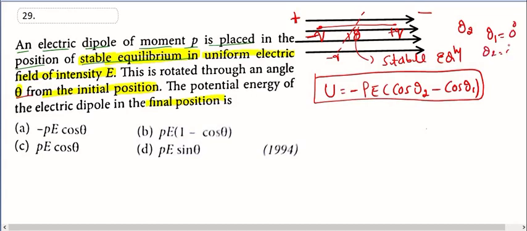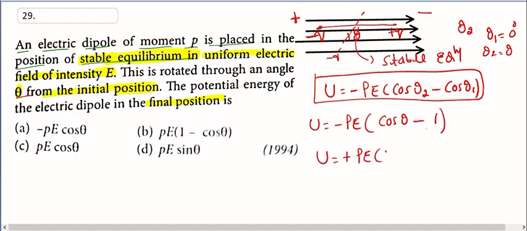Theta 2 becomes a certain angle theta. So the potential energy is equal to minus PE, cos theta 2 is cos theta, minus cos 0. Cos 0 value is 1. So the potential energy is equal to, you take the minus sign common, minus into minus plus PE, 1 minus cos theta. So which is the answer? PE into 1 minus cos theta. That is option B, the right answer for question 29.